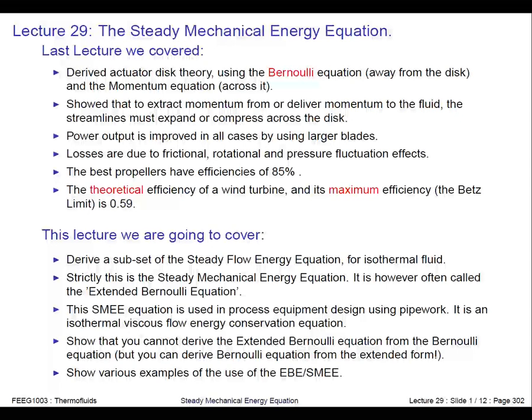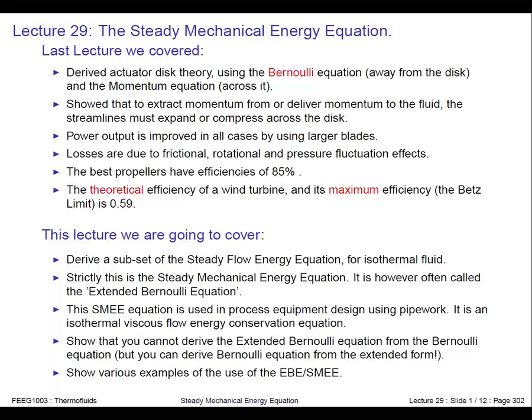So, a word of warning with this. It's often called the extended Bernoulli equation, but it's not in any form. You can't start from the Bernoulli equation and extend it to get to this equation, and that doesn't stop some textbooks doing precisely that. So very clear guidance from the start of this lecture: you have to start from the steady flow energy equation, simplify it, simplify it, and simplify it, and you can get to the Bernoulli equation.